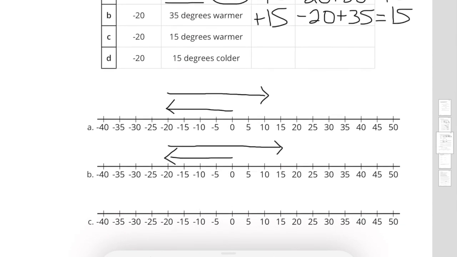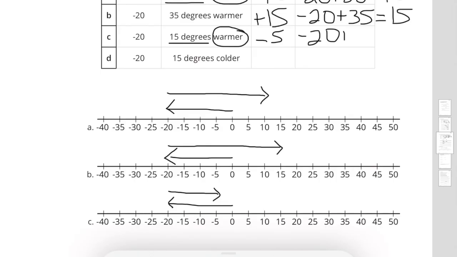For C, again, 0 to negative 20. I have a change of 15 degrees. And again, I'm getting warmer. So 5, 10, 15. I end up at negative 5. So my equation would be negative 20 plus 15 equals negative 5.